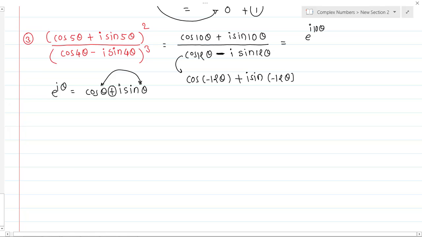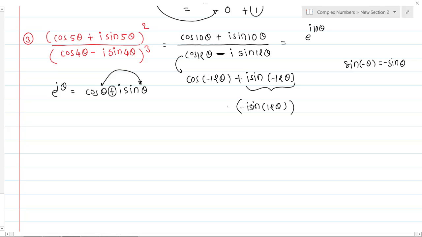Because I know that sin of minus theta is nothing but minus sin theta. So if I open this, sin of minus 12 theta equals minus i sin of 12 theta. Correct?